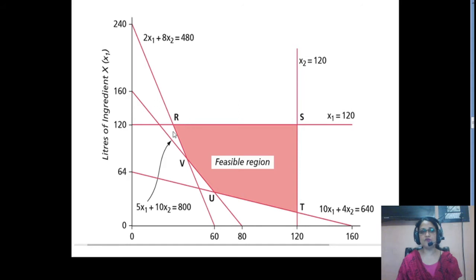So now we have to find out at which coordinates R, S, T, U and V the cost is minimized. So we will be conducting the same exercise. First of all, we'll be finding the coordinates of R, then coordinates of S, then T, then U and V. We'll be putting the values of coordinates x1 and x2 in the objective function 5 times, and we'll be finding out at which point the cost is minimized.